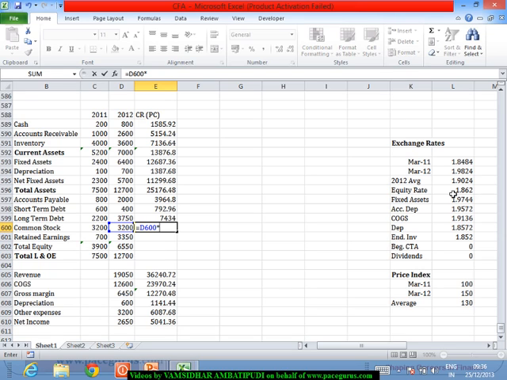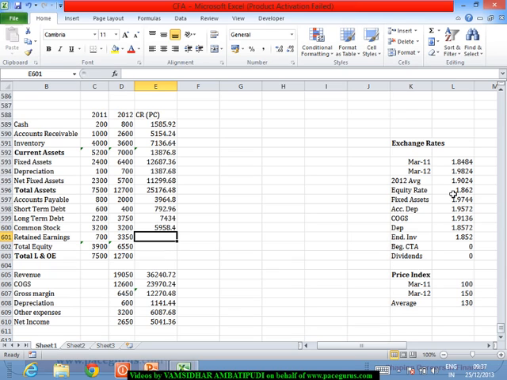When the stock is issued, the exchange rate is 1 unit of local currency equal to 1.86 units of the foreign currency. So if it is issued in March 2011, then I'll use the March 2011 rate. But if it was issued earlier, on that issue date you take the exchange rate as something like this, and I will very well consider that as the exchange rate. So this becomes my common stock, and now all I am left with is the retained earnings part.